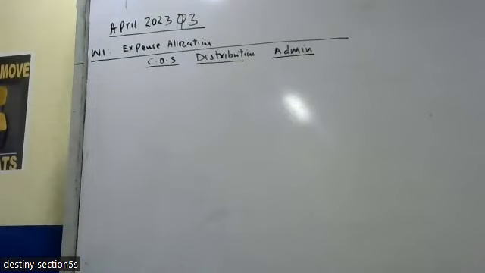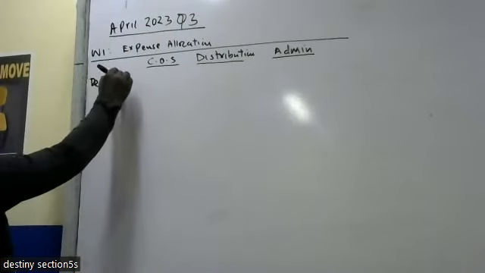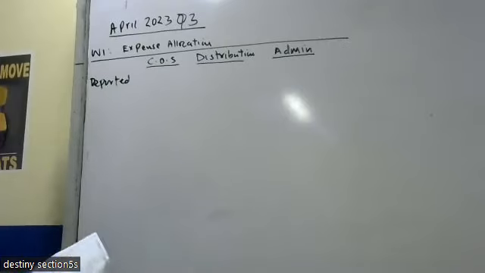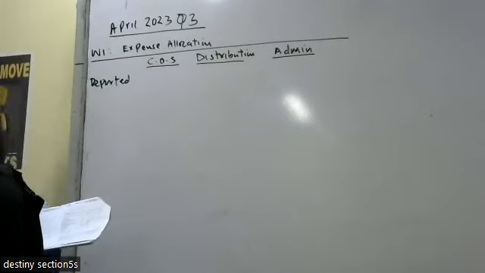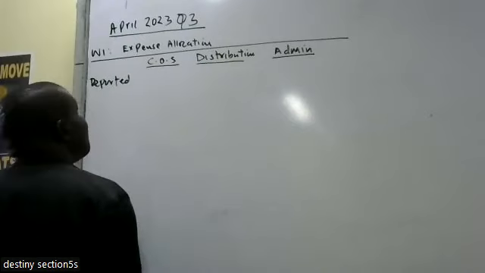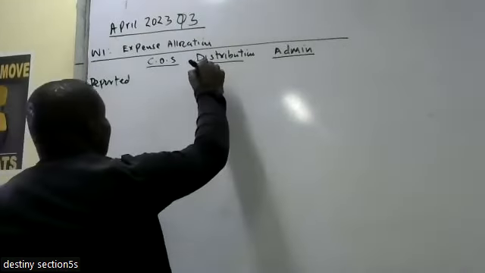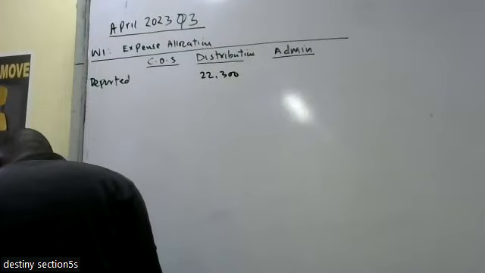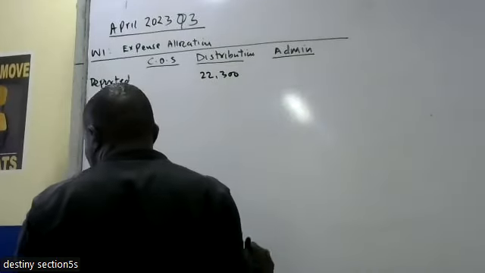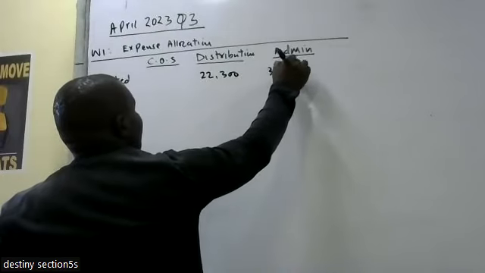Reported cost of sales, in order to account, we calculate. So reported, distribution is 22,300, then administrative 34,440.